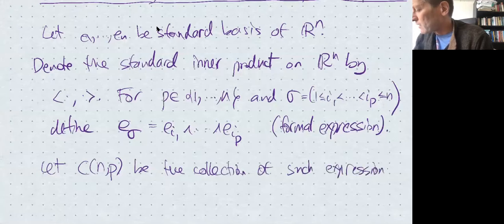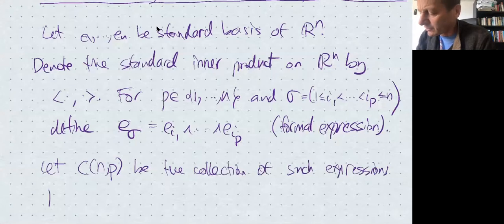It's a finite collection depending on the choices that we made over here. And clearly there are P places to put these indexes between 1 and n. So the size of C and P is n choose P.